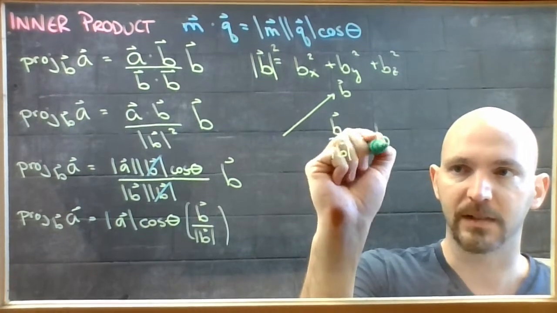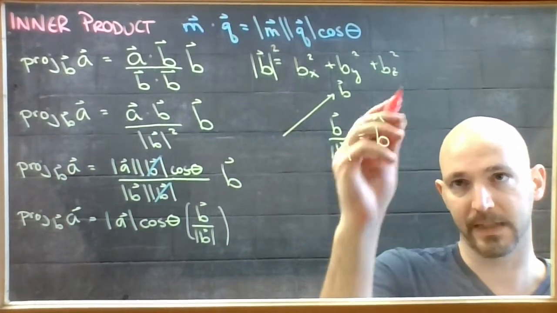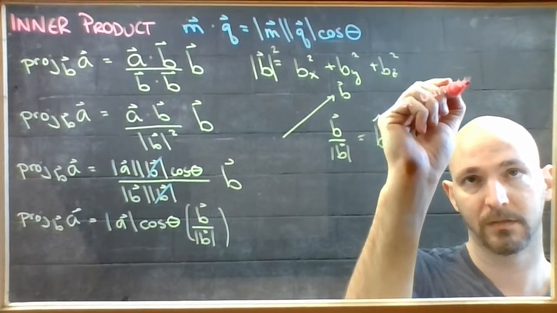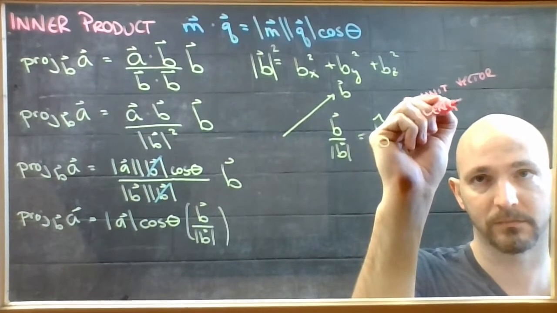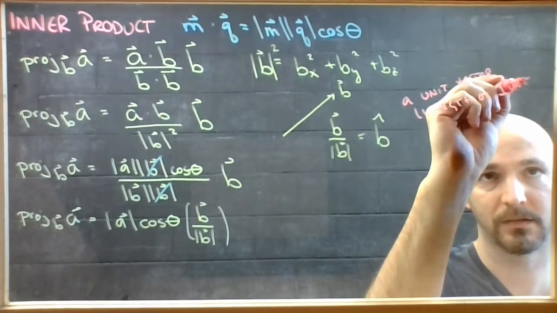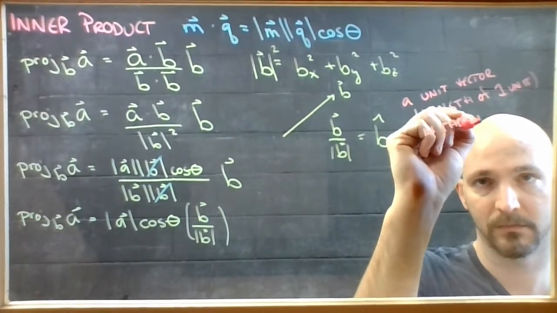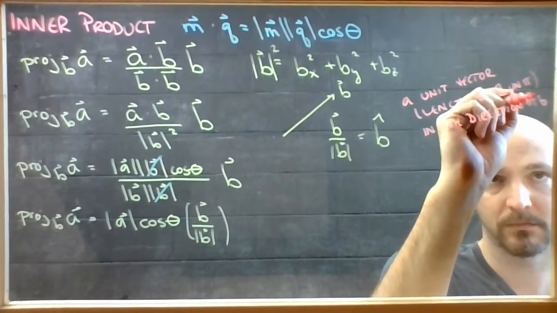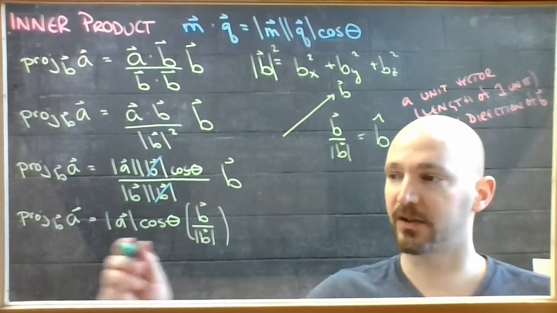And I note it like this. So that thing is a unit vector, which means length 1, 1 unit, in the direction of b. All right, so I'm going to make that change here.